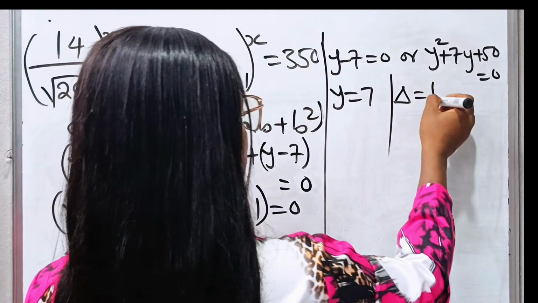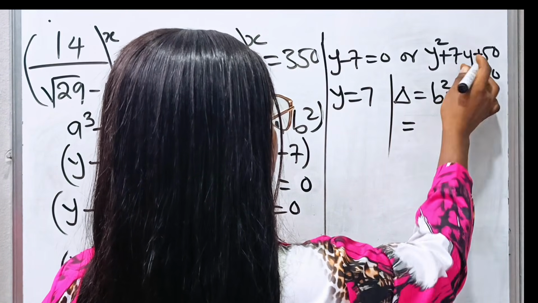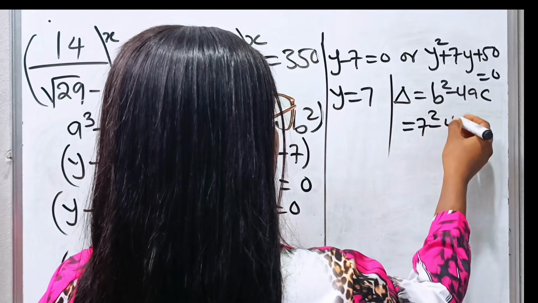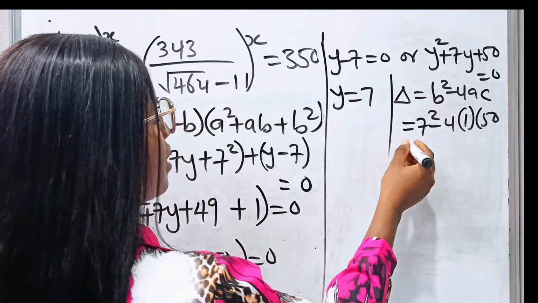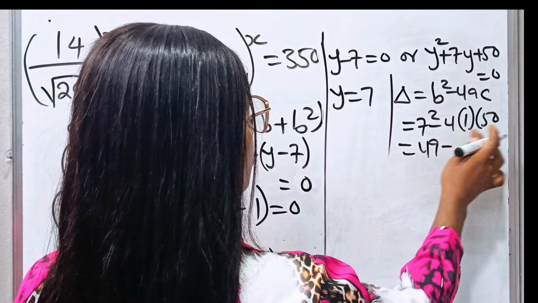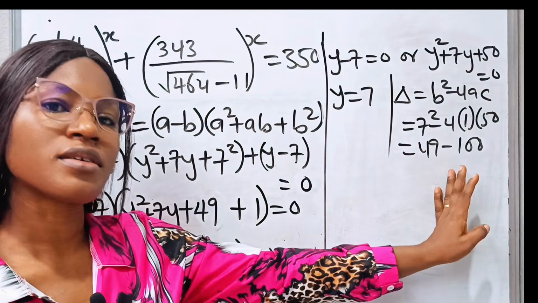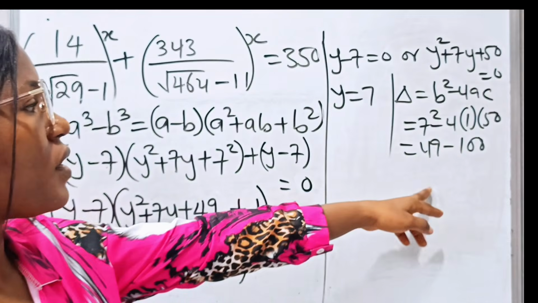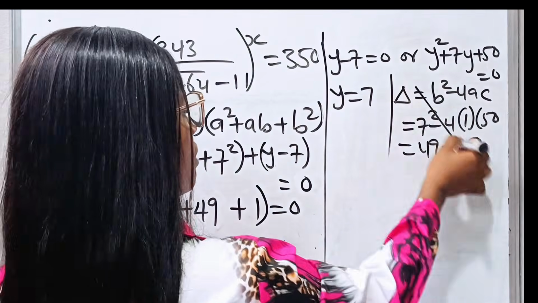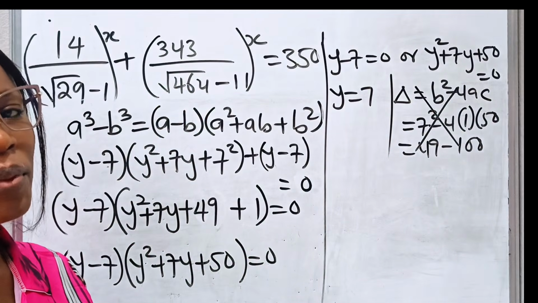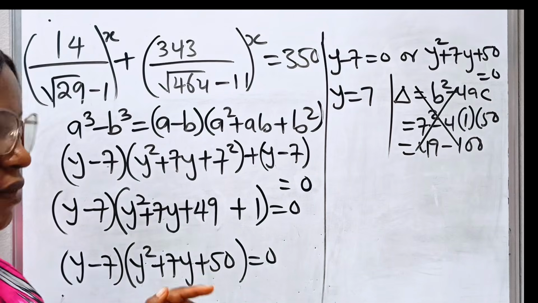We have b squared minus 4ac, where b is 7, a is 1 and c is 50. So we have 49 minus 200, which is going to give us a negative answer. That means this is rejected because it's going to give us complex roots. So we move ahead with y is equal to 7.